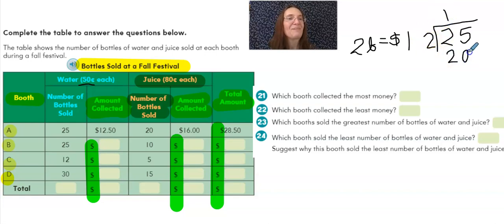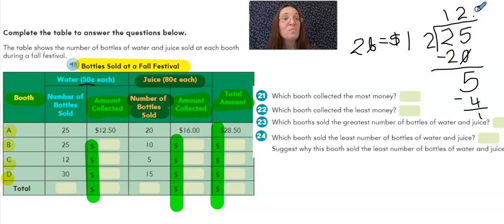Oh, look at me applying my skills in long division that we just learned. And that leaves me with 5 bottles. 5 divided by 2 is 2. 2 times 2 is 4, and that leaves us with 1 left over. Half of 1, if it's a dollar that we're talking about, is 50 cents. So it makes sense to me that it equals $12.50.